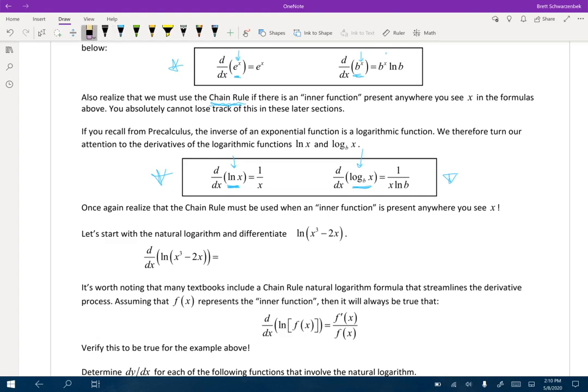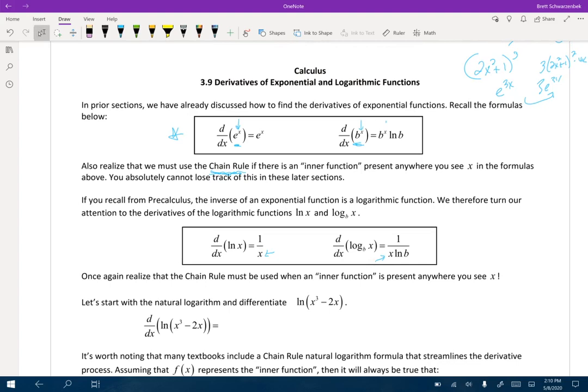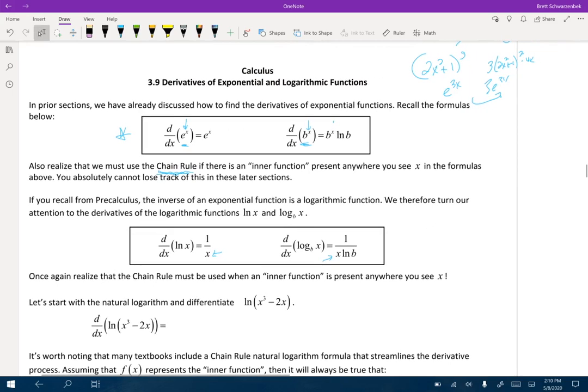To be clear, though, these are only the base derivatives, which means in reality, the variable x is just a placeholder for the inner function, just like it is here. If we want to find, let's say, an inner function e to the 3x minus 5, then when we find its derivative, it's again e to the 3x minus 5 times the derivative of the inner function, 3.